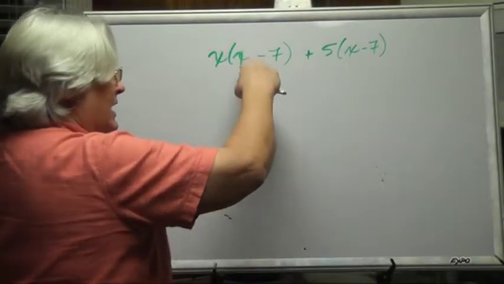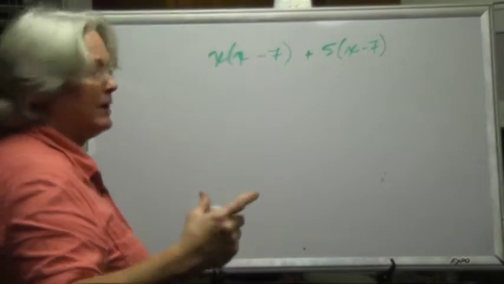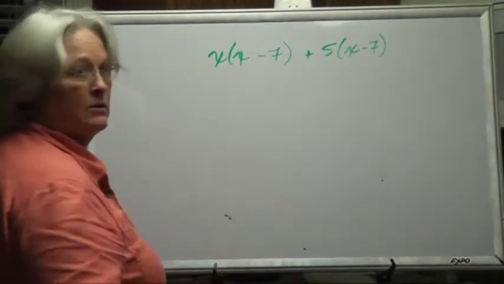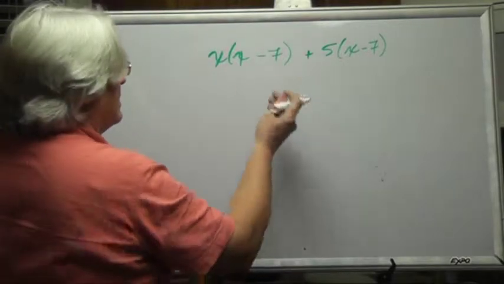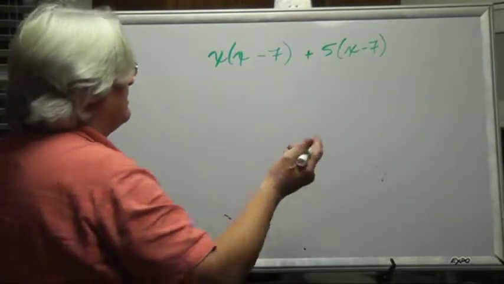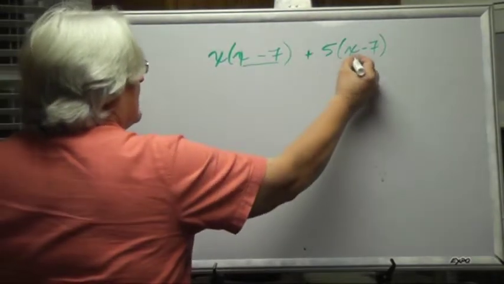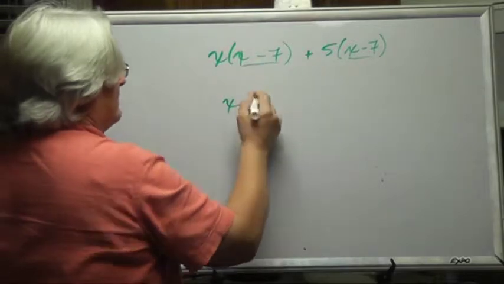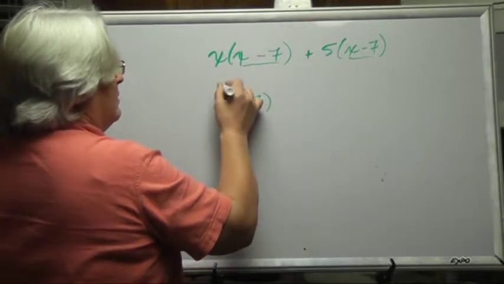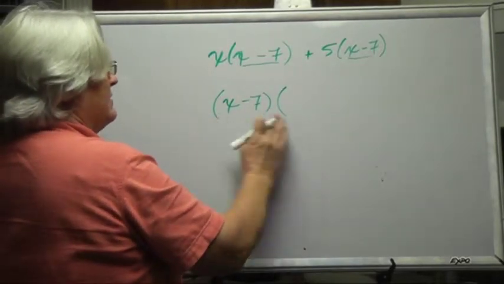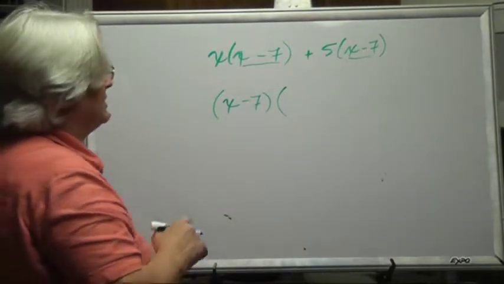Now you can multiply it out and factor it by trial and error, but whenever you have something that looks like this, you remember that a common factor is anything that's included inside the parentheses. So we have a common factor here of x minus 7. We remove that common factor, and then inside the second set of parentheses, what do we have left?